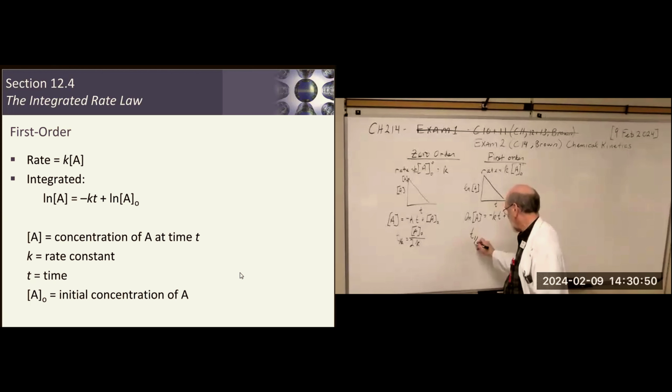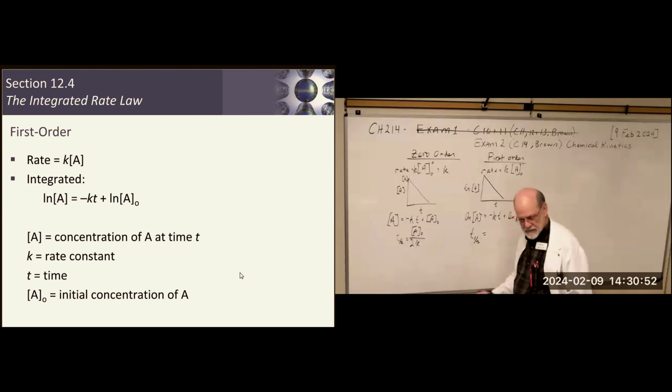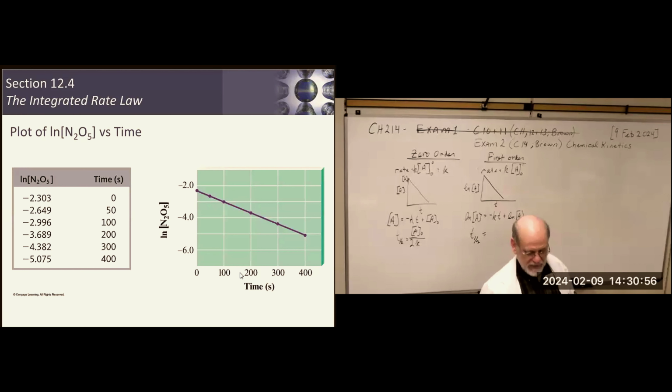And then there's T1/2 for this one, which is 0.693 over K. I got to go another slide first. So this takes the raw data and converts it to natural log and then plots it on that graph paper.